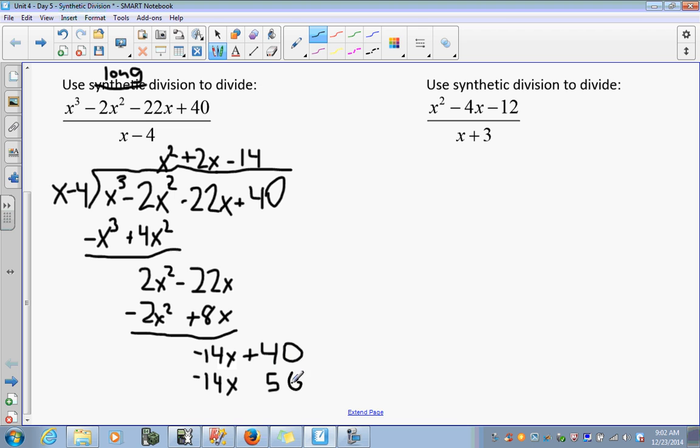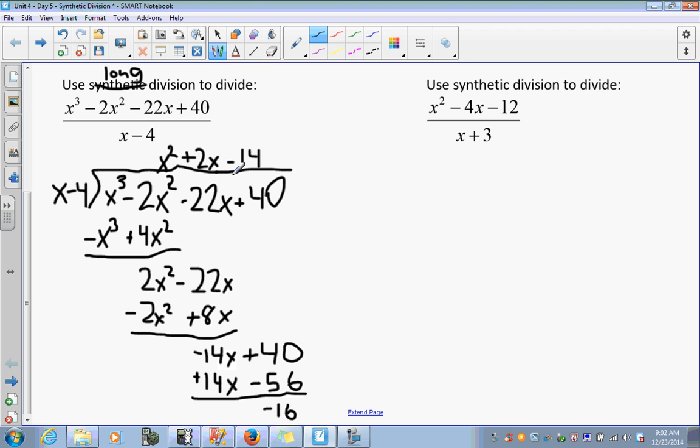Okay. And then we have to switch the signs. So this negative will become a positive. This positive will become a negative. Now, the 14x and the 14x, well, they're going to cancel each other out. Positive 40 minus 56 will give you a negative 16. So we have negative 16 as our remainder.